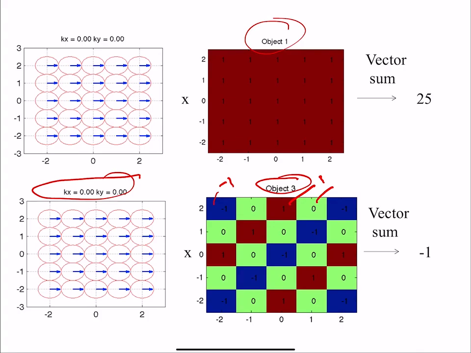The spins have phase of 0, so they're all 1. When I multiply by -1, I get -1. So I get 7 -1s plus 6 plus 1s equals -1. That's just the vector sum if I took that phasor pattern, multiplied by my object, and added it all up.